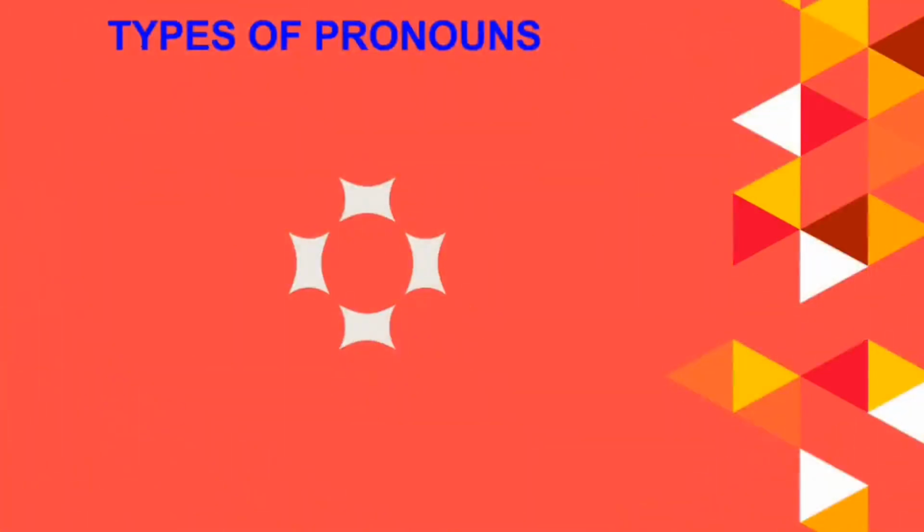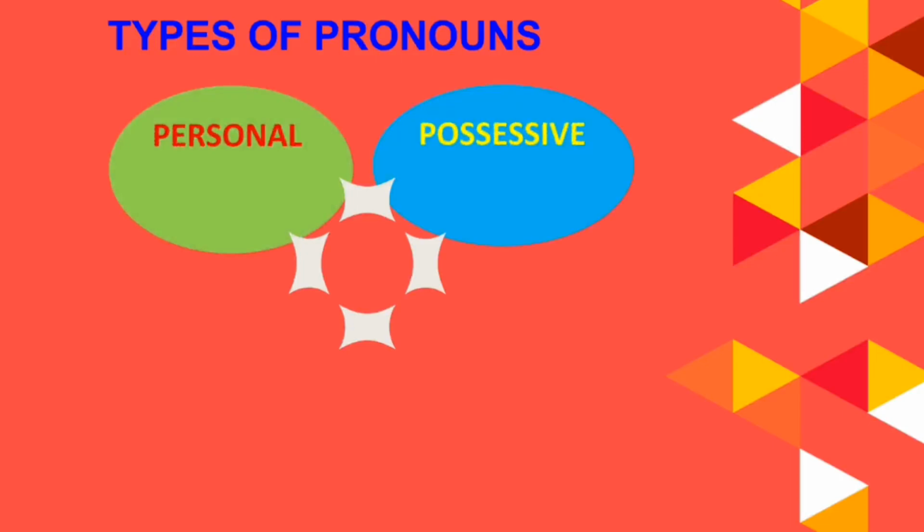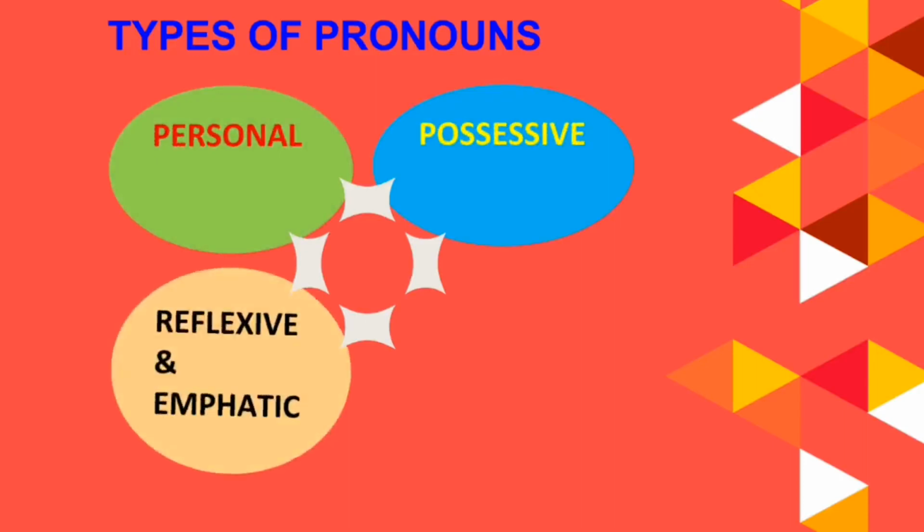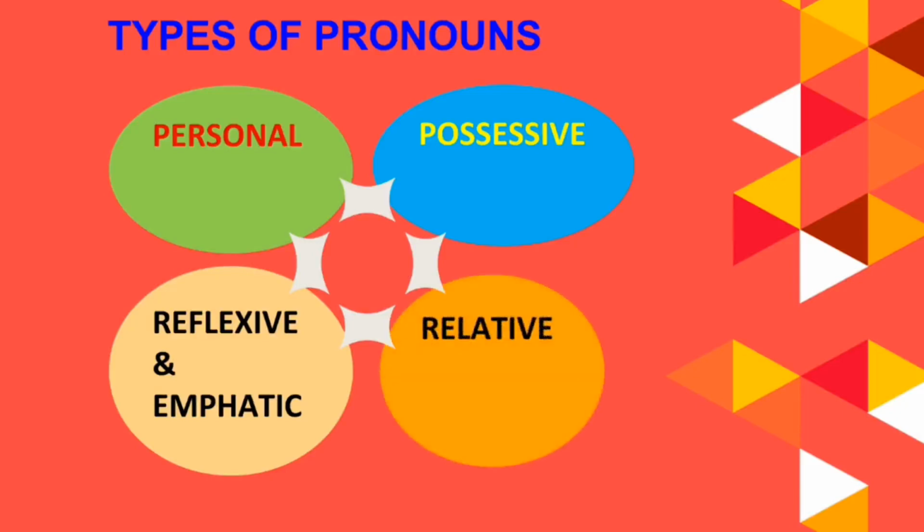Now let's see which are the different types of pronoun which is there in your textbook. The first one is personal pronouns. Second one is possessive pronouns. Third one is reflexive and emphatic pronoun. And the fourth one is relative pronouns.